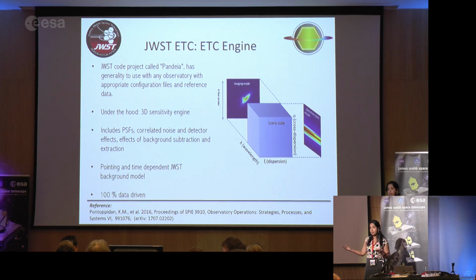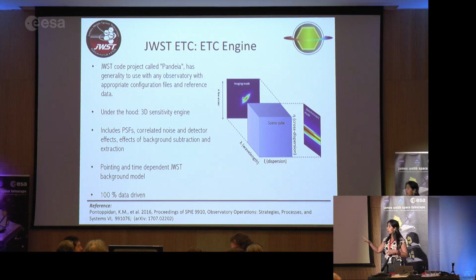It varies over the year, so you have to specify at what time of the year you're observing. But the beauty of this is that all of this is really data-driven. It's all the input that you're giving, the best estimate that you have about the performance of your instruments and your detector, and the best information you have about the sky.